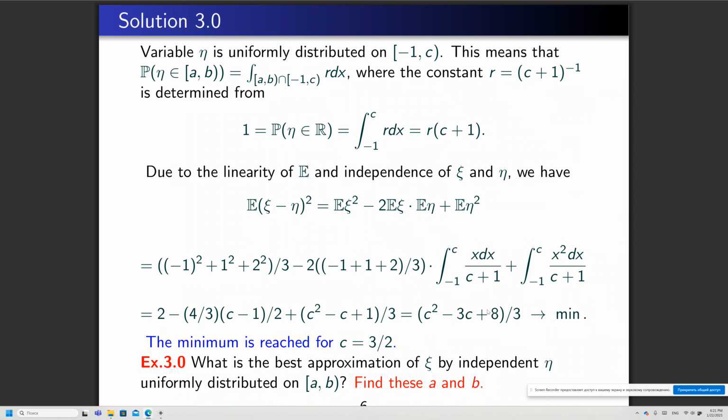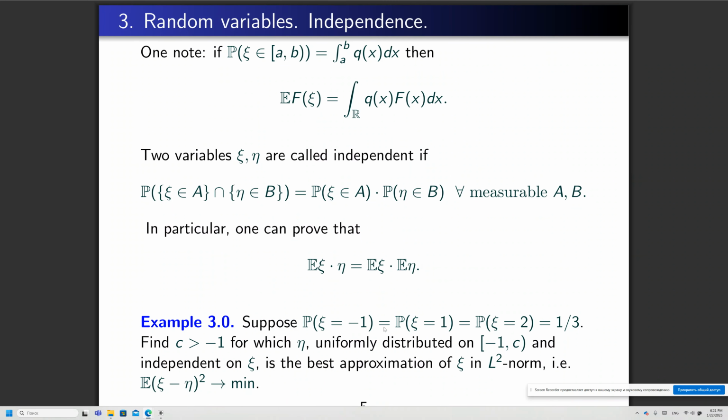And the minimum of this quadratic function, this is just a parabola, can be computed in a simple way. We take the derivative, 2c minus 3, and equating this derivative to 0, we obtain the minimal value of this quadratic function. C is equal to 3 over 2. It is easy to see the minimum of this function is reached for c equal to 3 over 2.